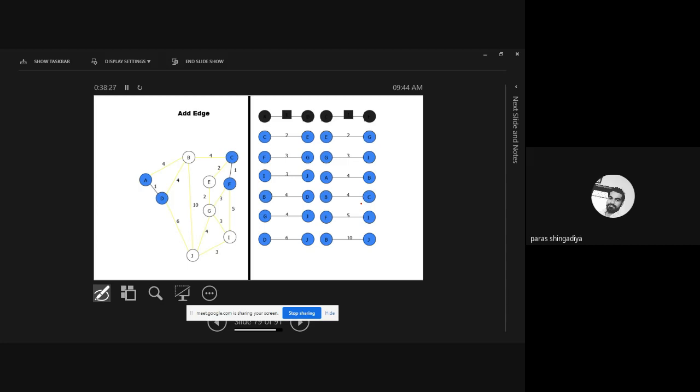Then the next weight is 2. These are in between C to E and E to G. Both have weight 2, and still your graph has no cycle up to this stage. After that, the next weight is 3. If we include this edge, which is in between F to G, it creates one cycle.